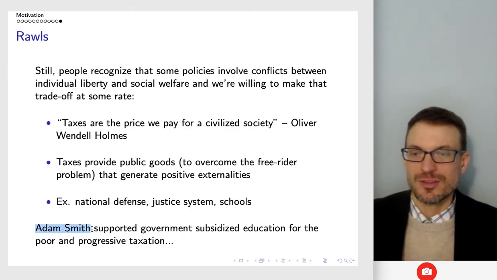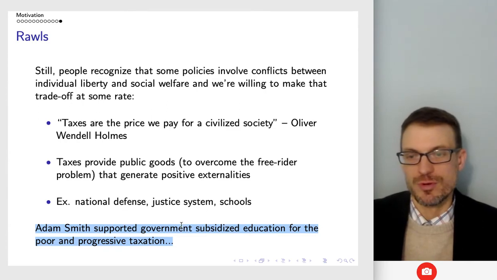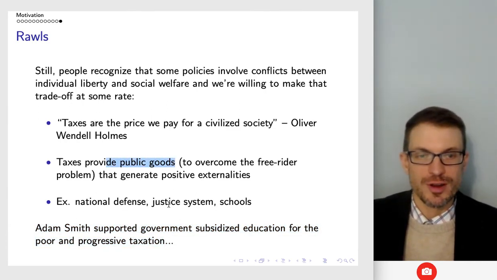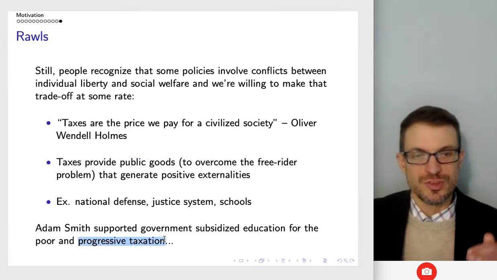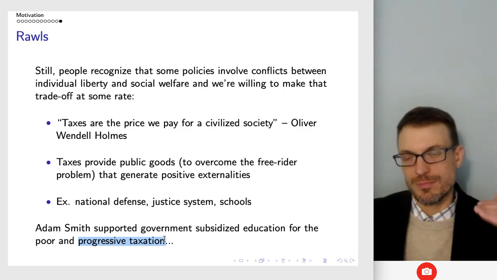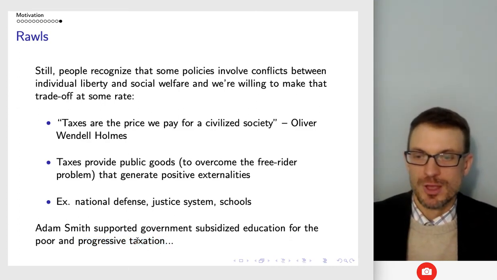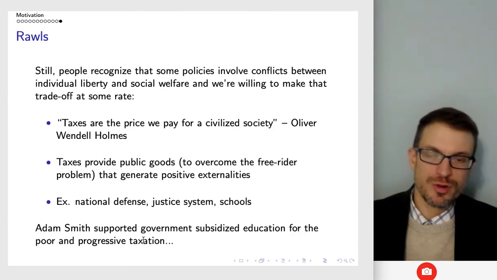Going back to the foundations with Adam Smith, supporting government subsidized education for the poor and progressive taxation to generate the funding for public goods. Progressive taxation means that those at the bottom of the income distribution pay less and those at the top pay higher amounts. A regressive taxation system goes the opposite direction, with those at the bottom paying more than those at the top.